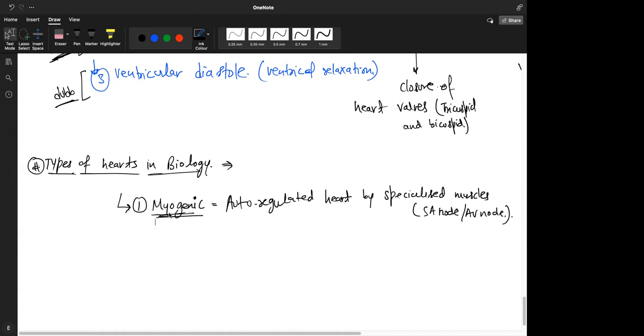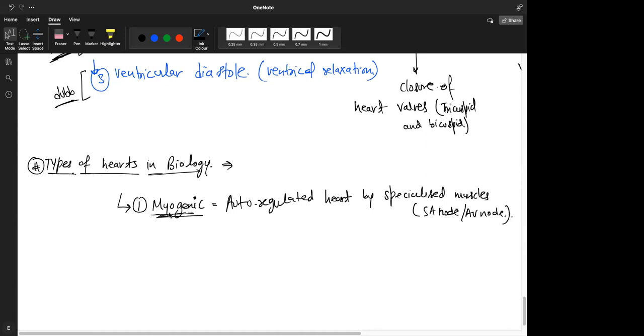and this kind of heart continues to beat even outside the body for some time. But there is another type of heart in the animal system which is controlled by the nervous system, especially the ANS, autonomic nervous system. It will only function and work if it is connected to the brain. If you sever the connection between the heart and the brain, the heart will die.